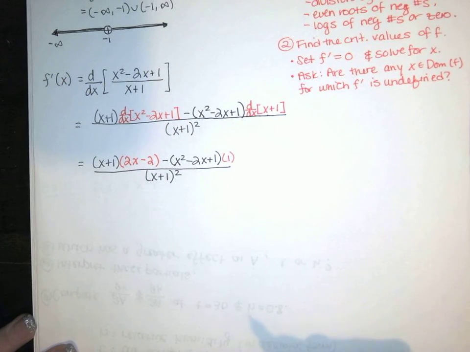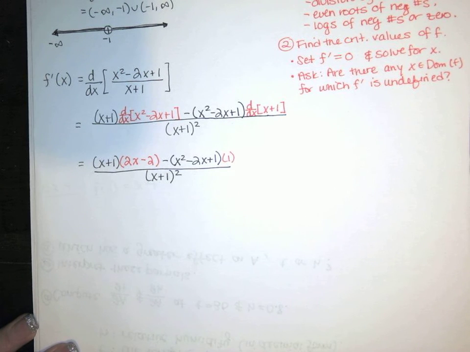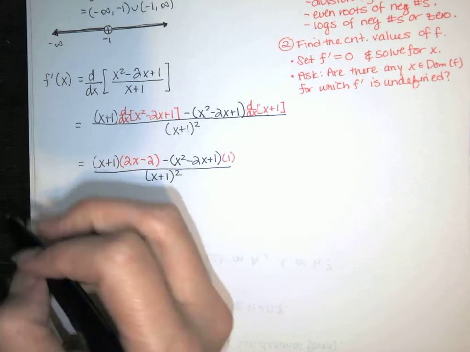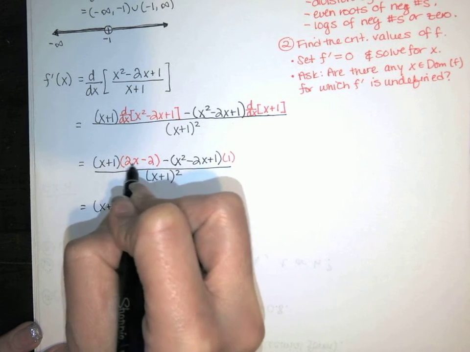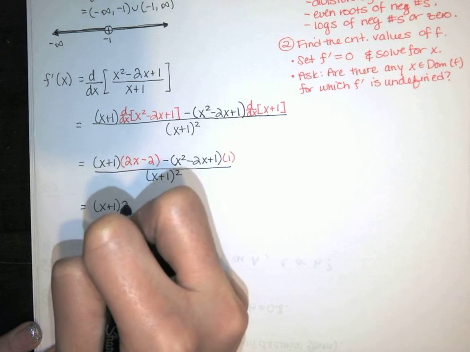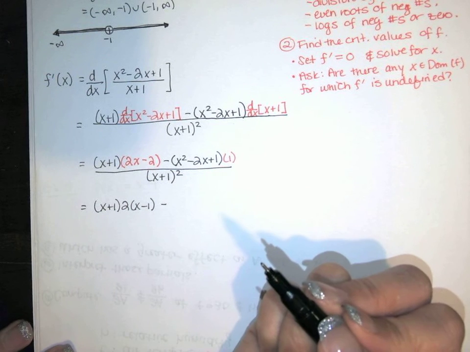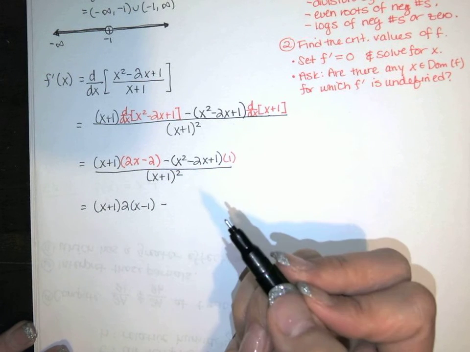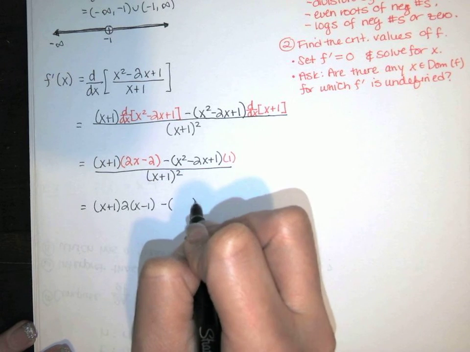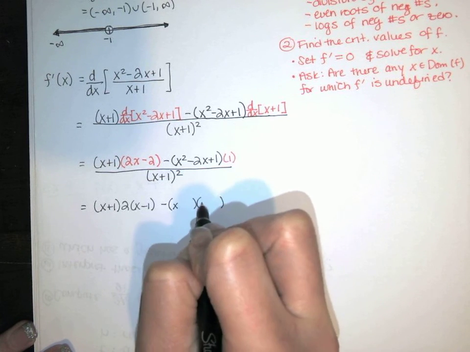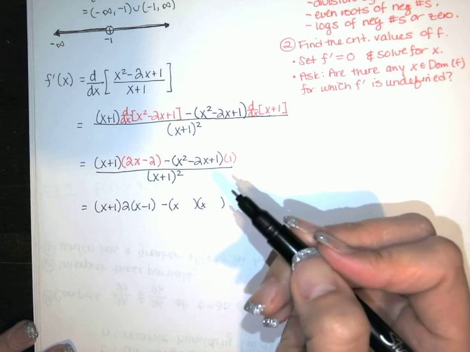In order to simplify it, I think I need to distribute. Oh, actually, maybe there's an easier way. Let's factor. These two terms have a 2 in common, so we can factor that out. And x squared minus 2x plus 1, that factors. Do you recognize that as x minus 1 squared? If you're not sure, just ask yourself, what two numbers multiply to give you 1 that add to negative 2?